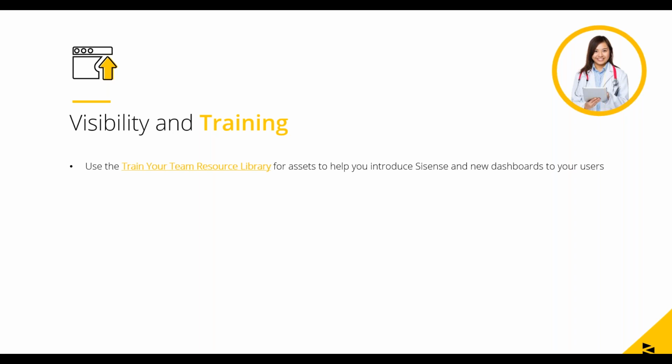So the first one, we have in our LMS, Learning Management System, a session that provides all the materials that you need in order to train your employees how to use Sisense and how to introduce new dashboards. So I really encourage you to look at this and see how you can follow those instructions.